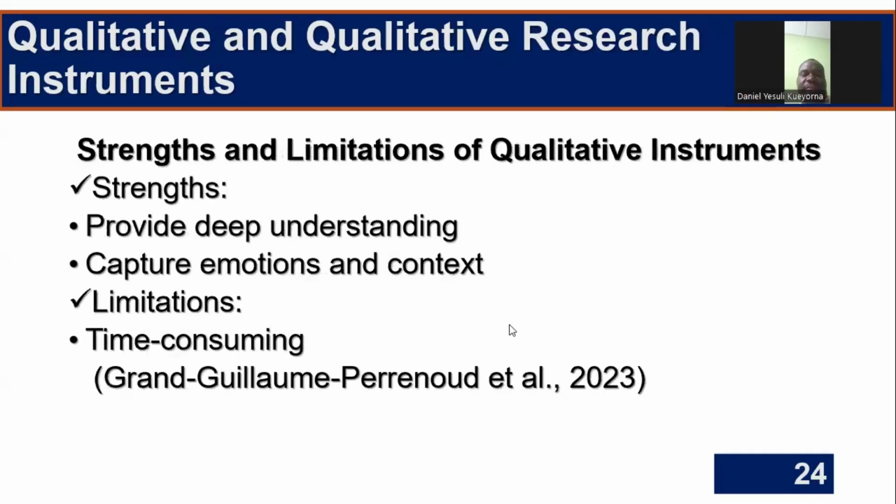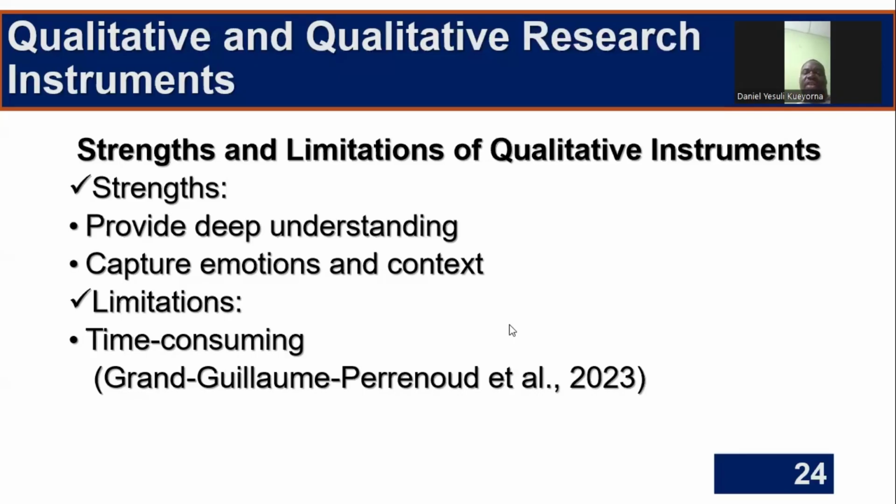Next slide. So now look at the strengths and limitations of qualitative instruments. So the strength: they provide deep understanding. After collecting the data, you could possibly get into what really happens. So it is deep understanding of phenomena. Also they capture emotions and their context.